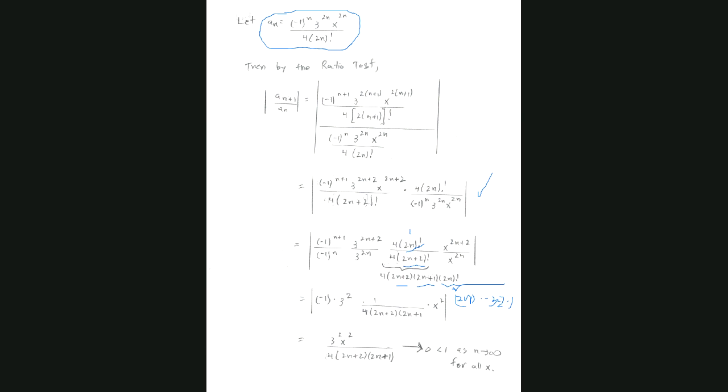I got to do this right. Sorry. The 2n factorials simplify out here and here, leaving you with, and the 4's simplify out, leaving you with, hold on here.